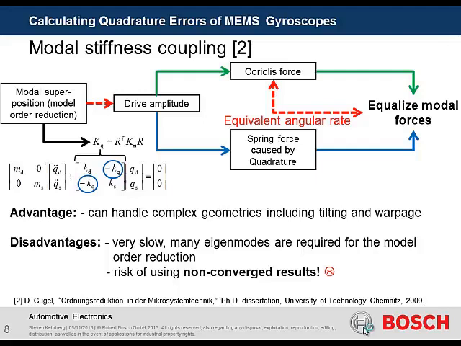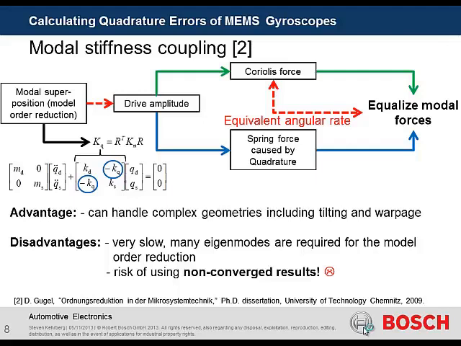And thereby we can account for the fact that we have some mode shapes with warpage or with bending or something like that. So this is a big advantage of this method, that we can handle especially very complicated mode shapes, but there's also a big disadvantage.